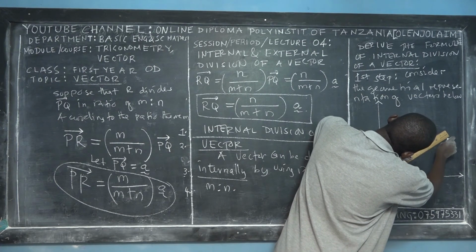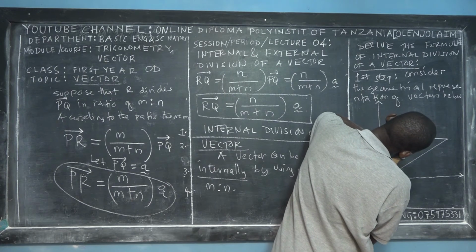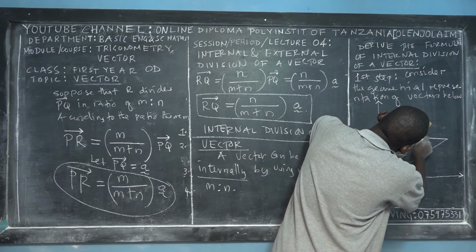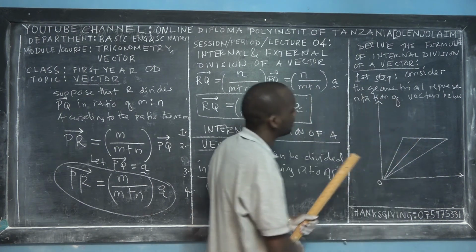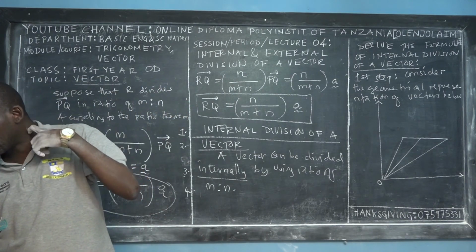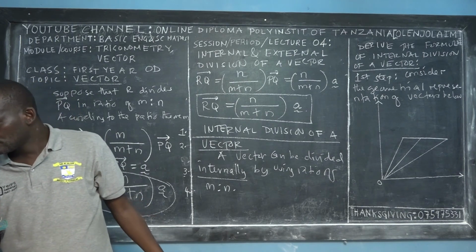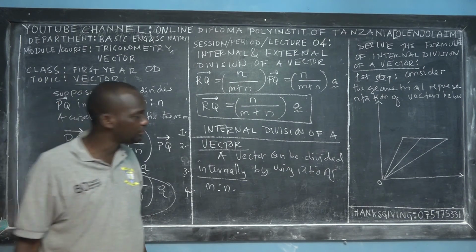This is our vector AB, and we have another vector here. This is the vector which is dividing another vector. Here we have positional vectors and a displacement vector, right?